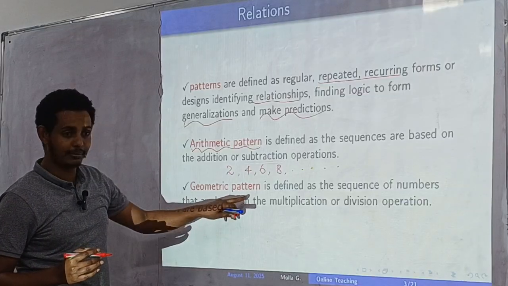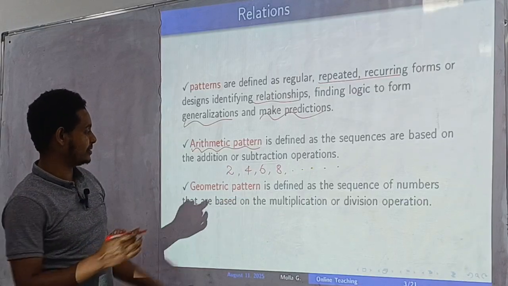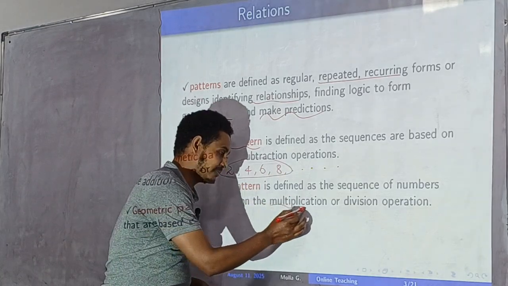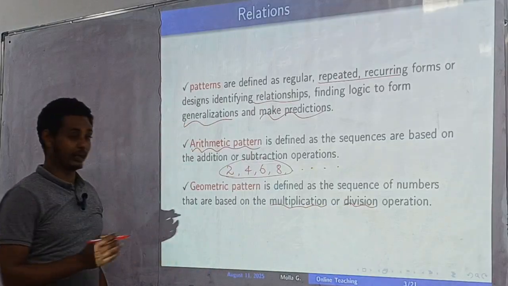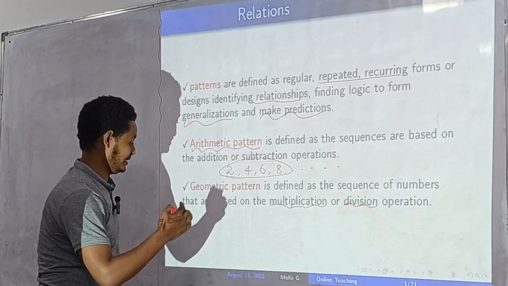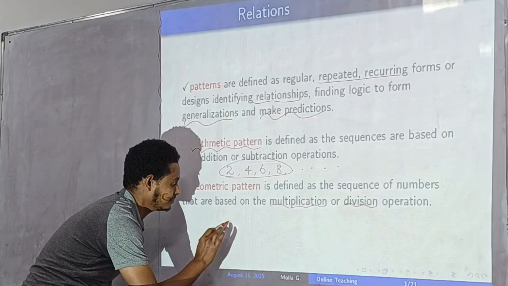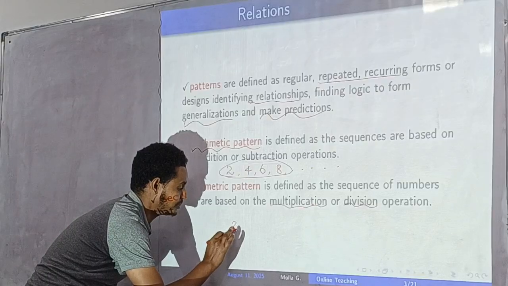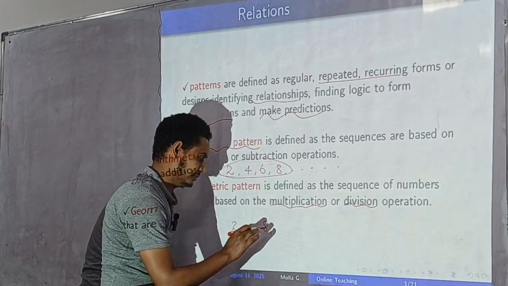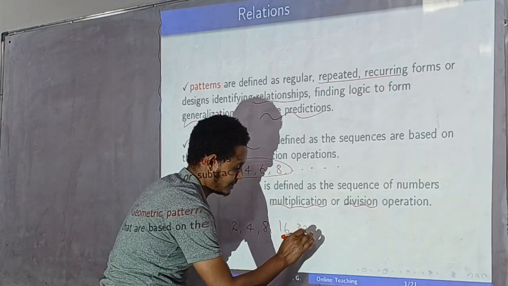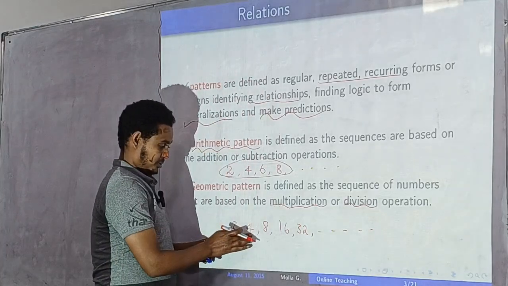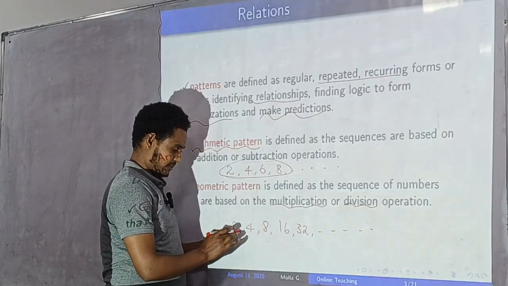But when it comes to a geometric pattern, the relationship between the consecutive terms is obtained by multiplication or division. That means to get the next number, we multiply a number by a fixed number. For example, take 2, then 4, then 8, then 16, 32, and so on. 2 times what number is 4?